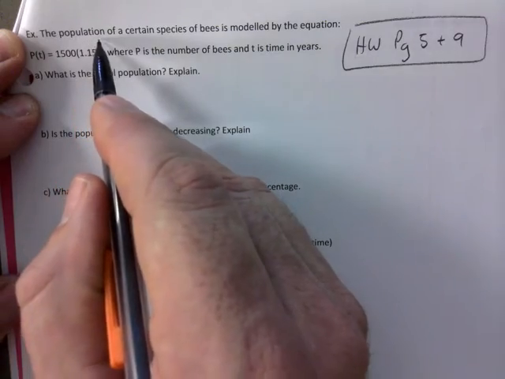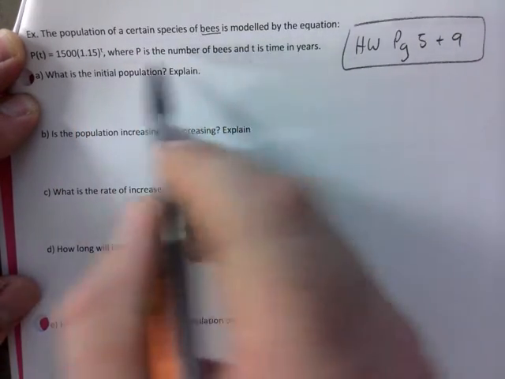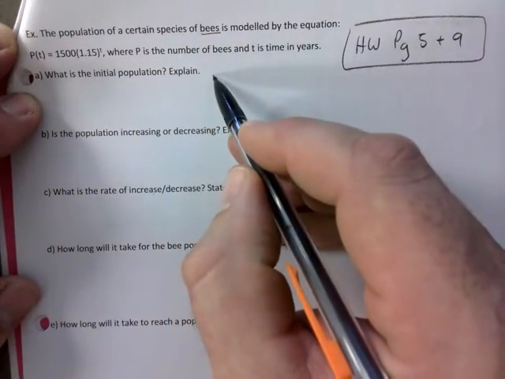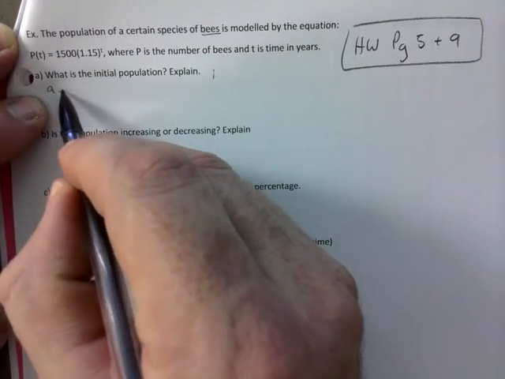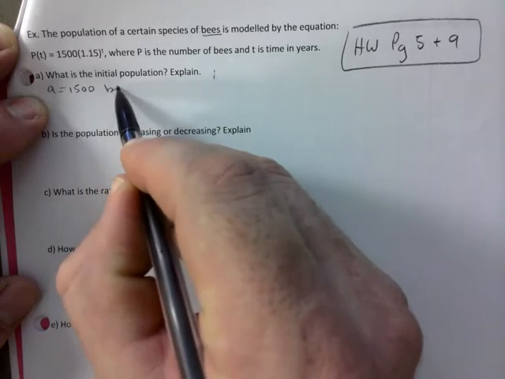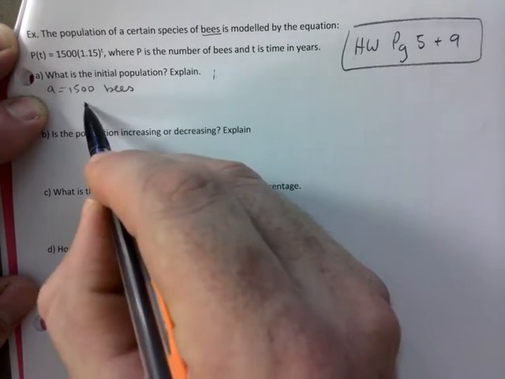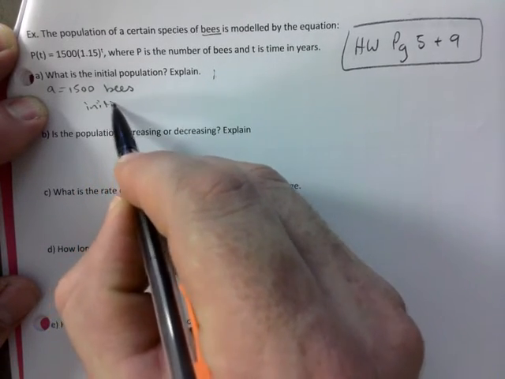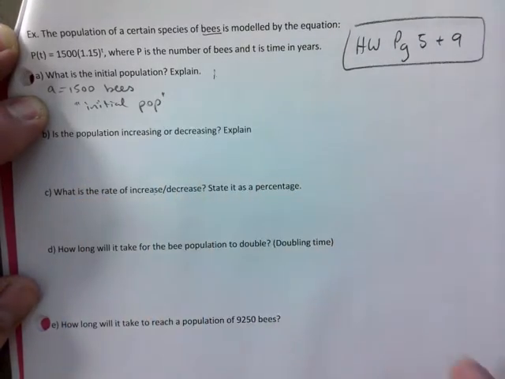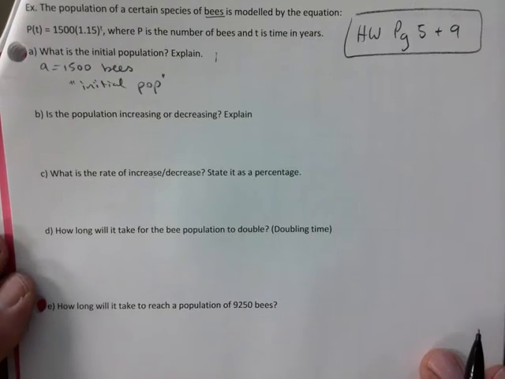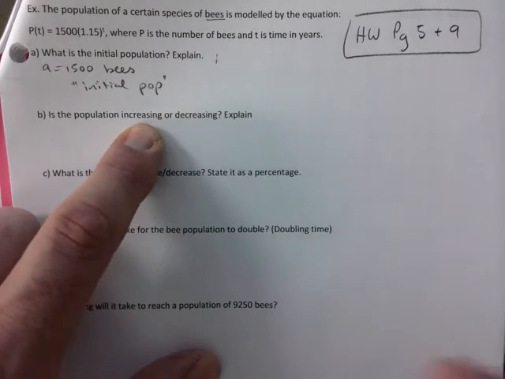So there's a population of bees, and we know that the initial, a, is 1,500 bees, right? That's the initial population. Put that in quotation marks like that. Is the population increasing or decreasing?